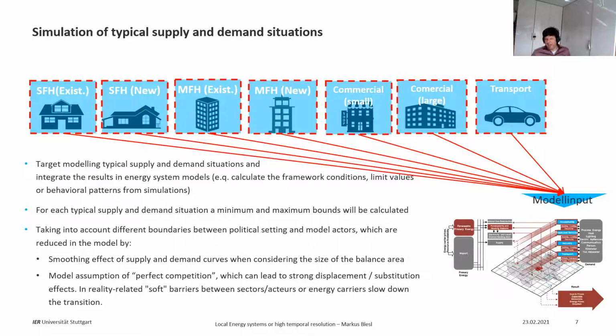And so with this simulation approach, you also have the possibility to give restrictions to the model, so that the charging is not a matter of perfect competition or perfect system action.